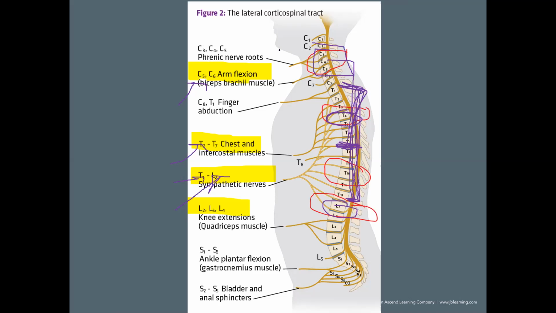Let's see, did I talk about L1? Yeah, no, I don't think I did. So we kind of just talked about T10-ish. Damage to the cord at or below L1 doesn't have as many systemic effects because of the sympathetic nervous system not being involved.